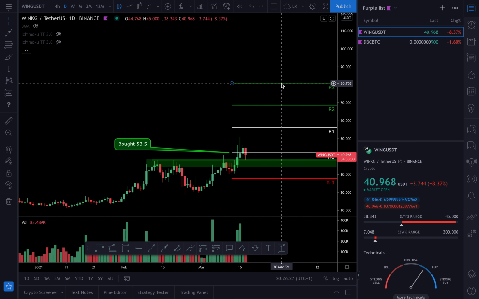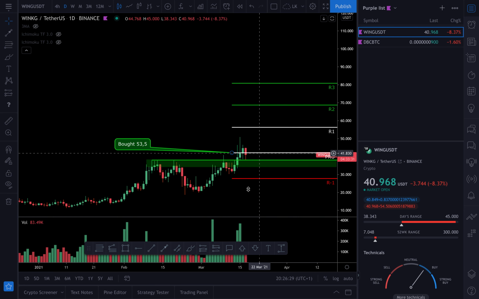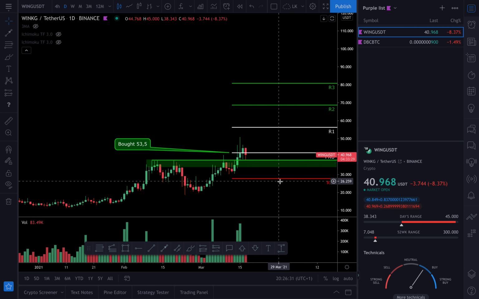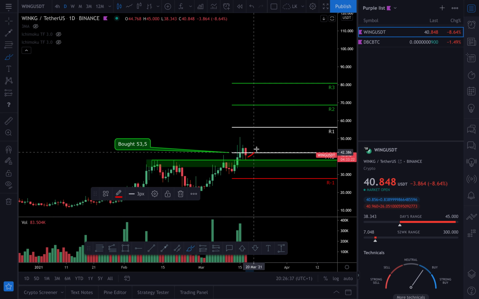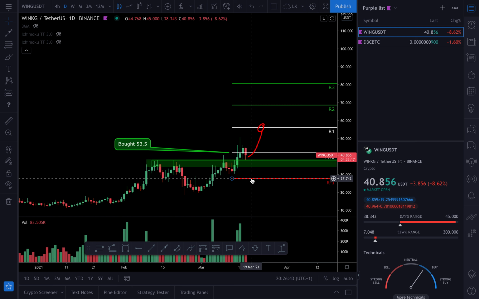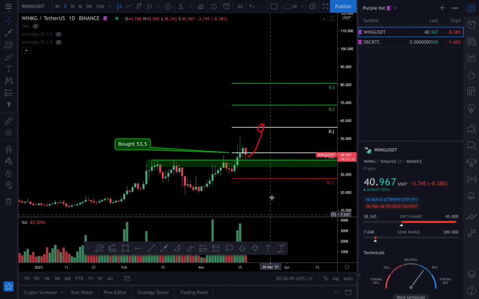Great, you're following me. So in that way, you are using a stop loss and you are controlling your loss. And what I do if the price reaches my R1, which is here, is that I cancel my stop loss that is at the R-1, and I set my stop loss to the average price.